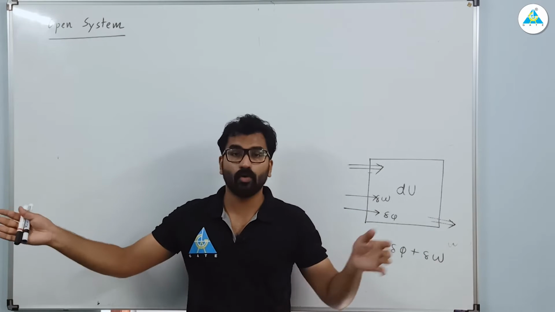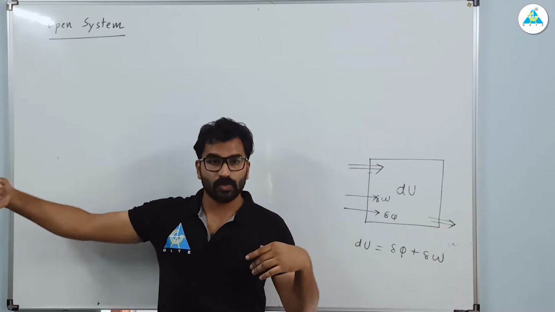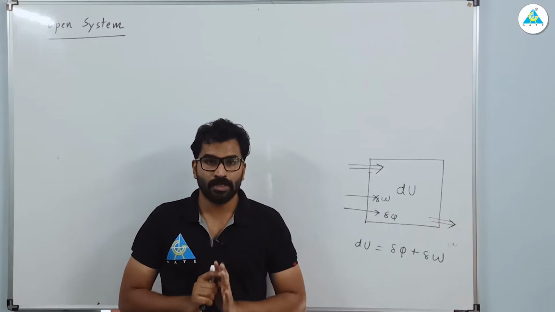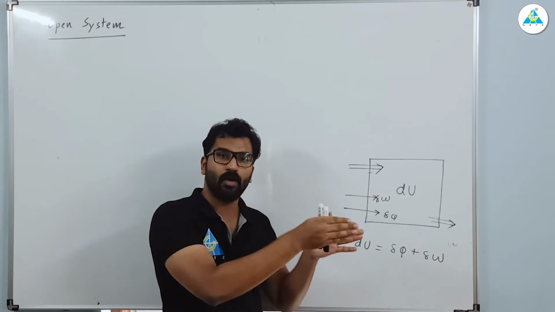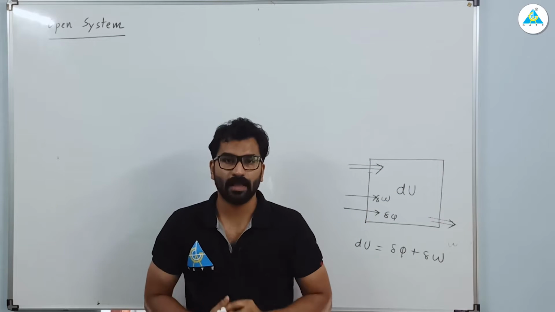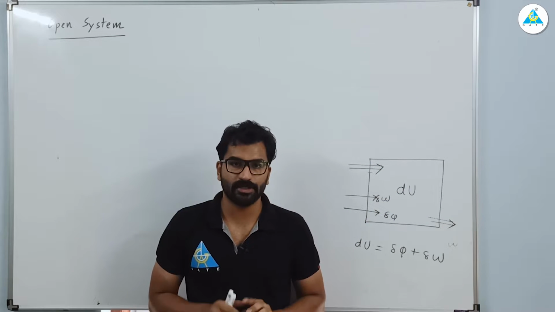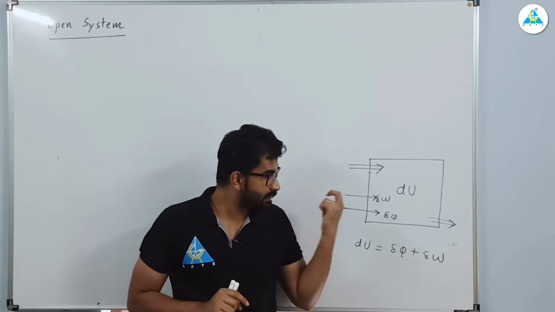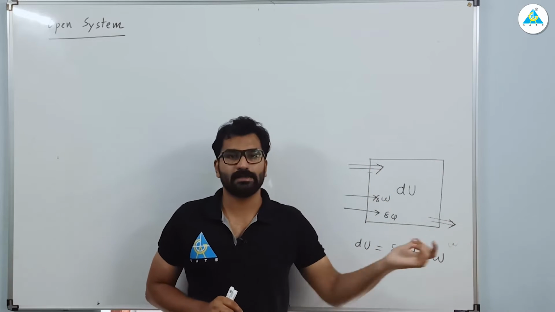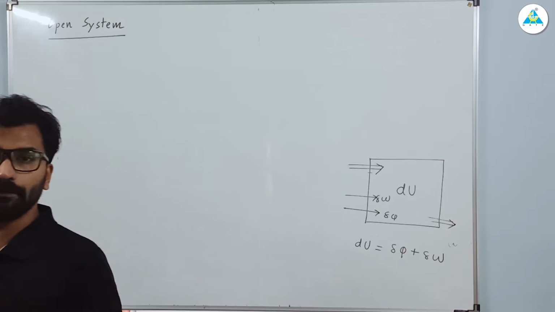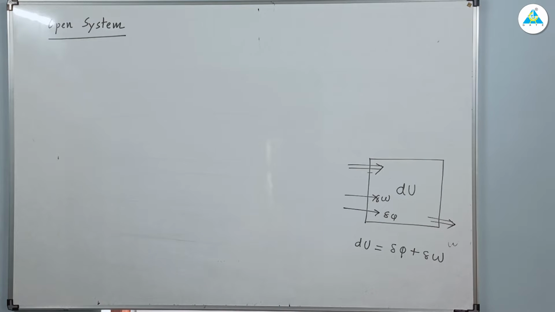But now both the doors are open and students are entering and going out. So the entering students' energy and the outgoing students' energy will also be taken into consideration. Clear? That's the same thing: entering fluid and exit fluid. That also we should take into consideration when you discuss an open system. Clear? Up to this is fine.